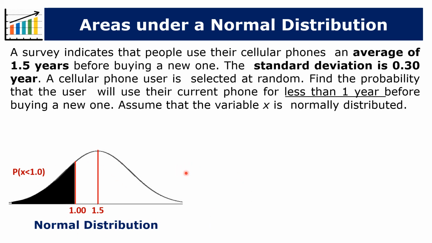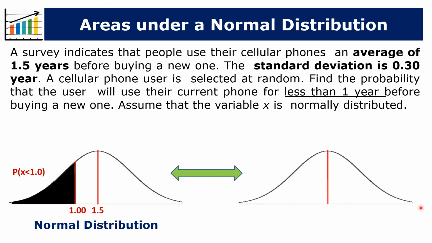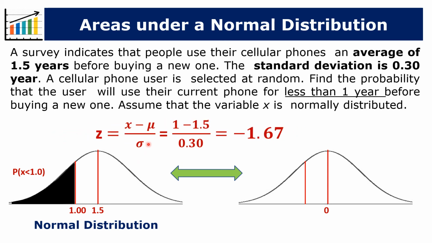Again, para makuha natin yung area natin, there's a need to convert that into a standard normal distribution. In this case, the mean is 0. Ang gawin natin ngayon is, of course, to convert 1.0 into z-score. So, ano yung equivalent na z-score niya? We are going to use the formula: Z is equal to the value, which is 1, minus the mean, which is 1.5, divided by the standard deviation, which is 0.30.